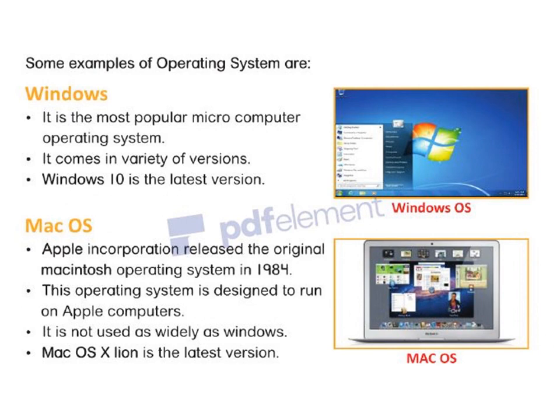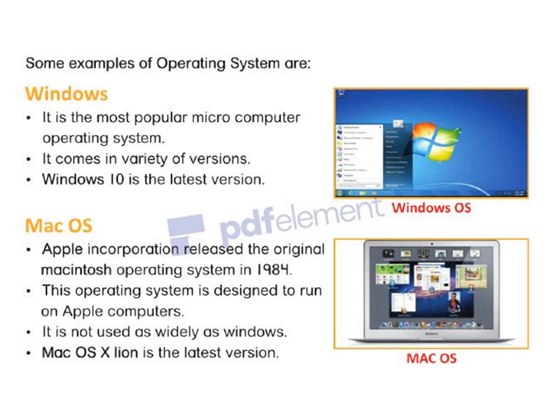Now, let us discuss some examples of operating systems. The first one, Windows. Windows is the most popular microcomputer operating system. It comes in a variety of versions. Windows 10 is the latest one. Mac operating system.